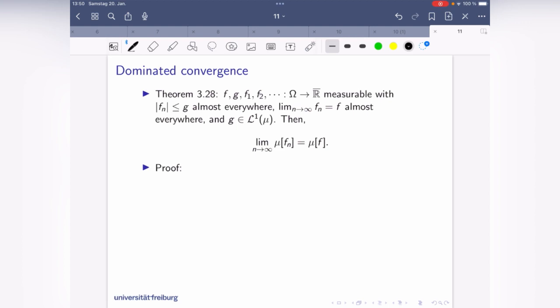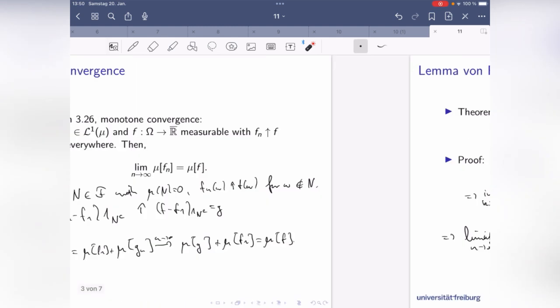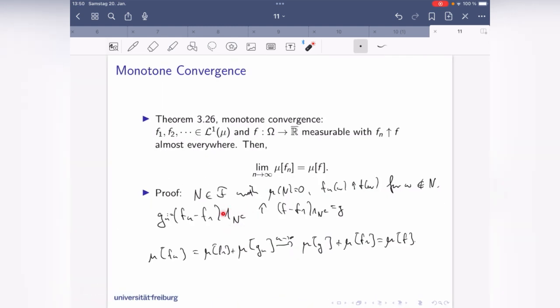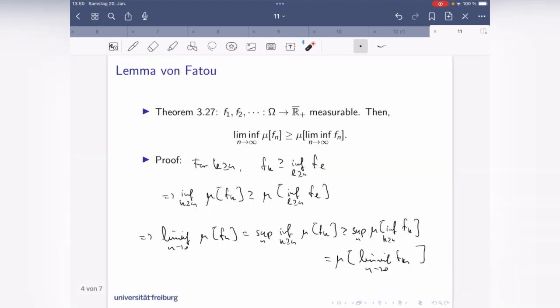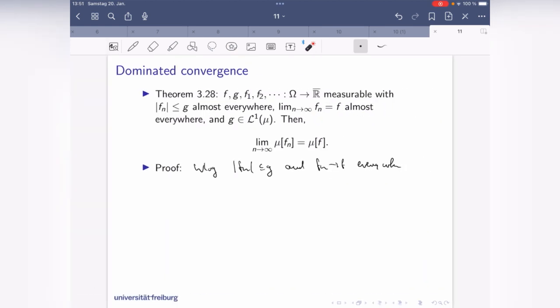First of all, I would like to get rid of this null set where fn is not smaller or equal to g and fn does not converge to f. If that's not the case, just again, as before, restrict yourself to an indicator of the complement of this null set. And we can, of course, use Fatou's lemma.